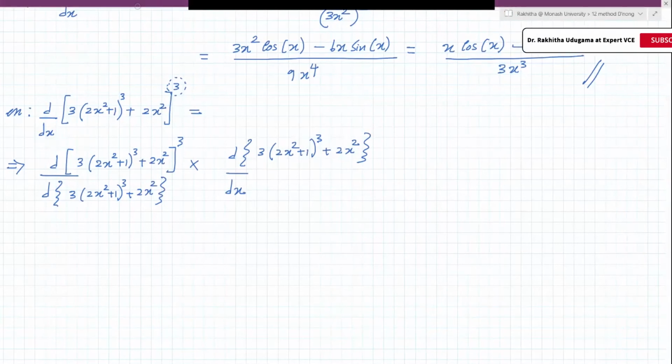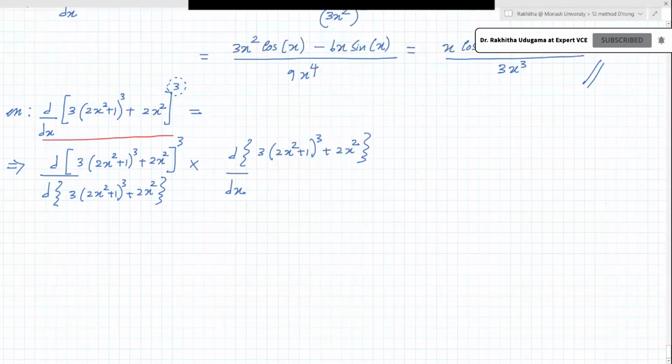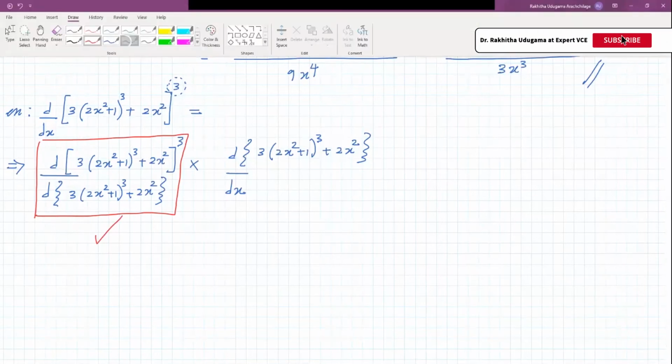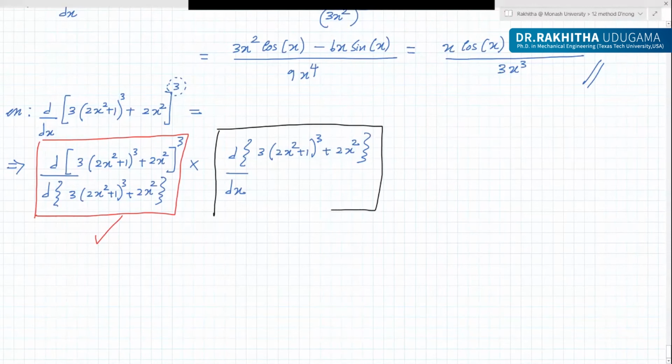Now this block is all right. You can see this block is all right. Why? Because you can see MJ to the power 3, all good. But what about this block? That is what we are going to discuss now.